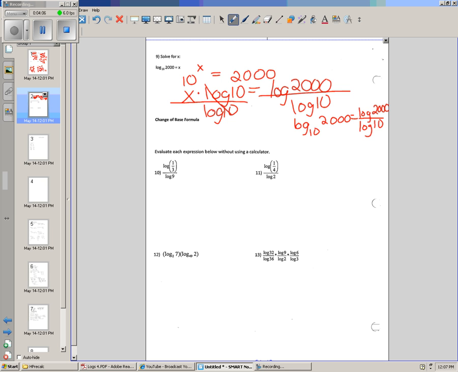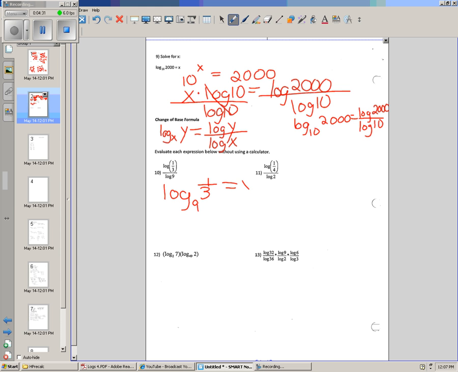So this is our general change of base formula. If we have log base x of y, it's really the same as log of y divided by log of x. So we can use that to help us with the next questions and to find different ways to rewrite a logarithm that we have. So for 10, we can rewrite this as log base 9 of 1/3.